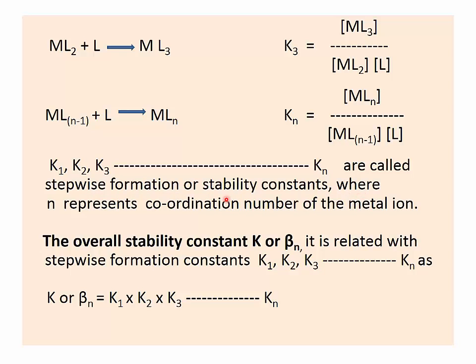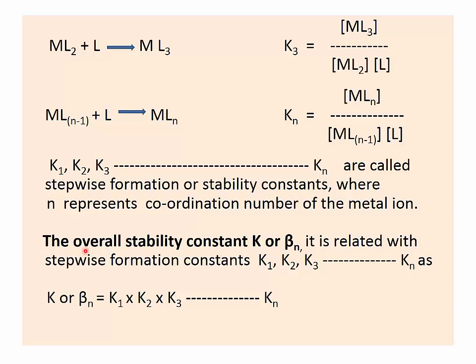Remember well, n is nothing but the coordination number of the metal ion. Follow? So this is about stepwise formation or stability constant. In this case, what we have done, stepwise we have added ligand. Follow?